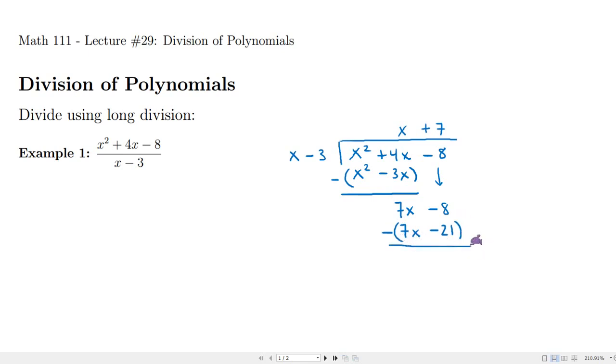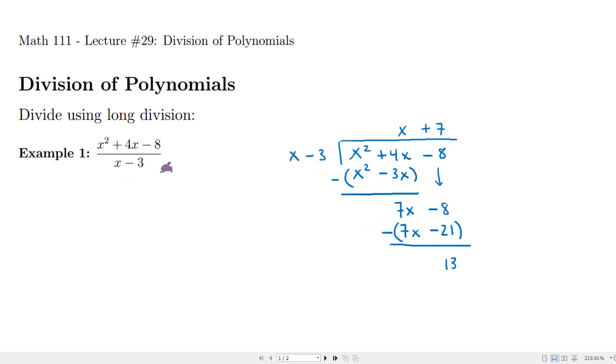So the 7x and the 7x are going to cancel. The reason for that is because we chose this number so that the cancellation will happen. And then now we have negative 8 minus 21, so that'll be a plus 21. So what would that be? That would be 13, right? So now we have our answer. All this work, what does this tell us?